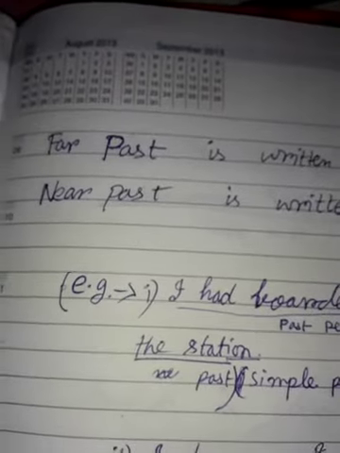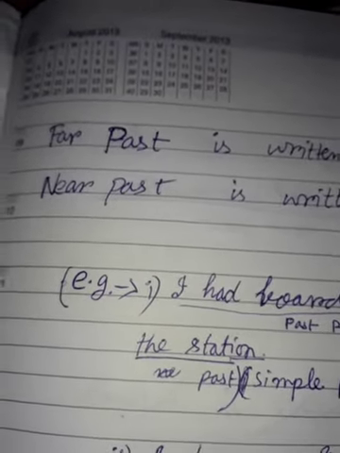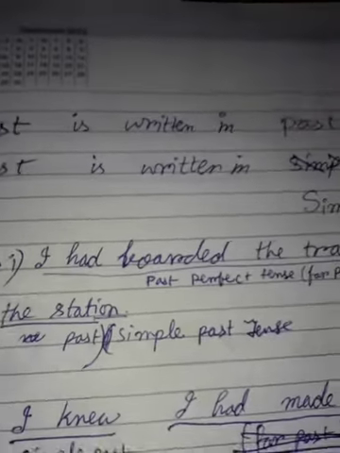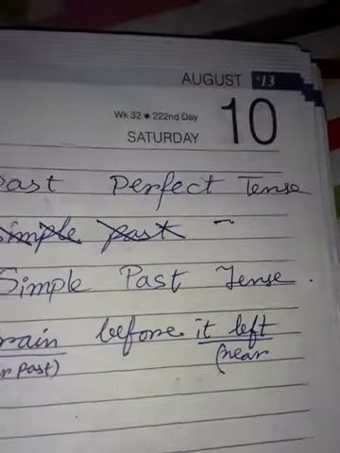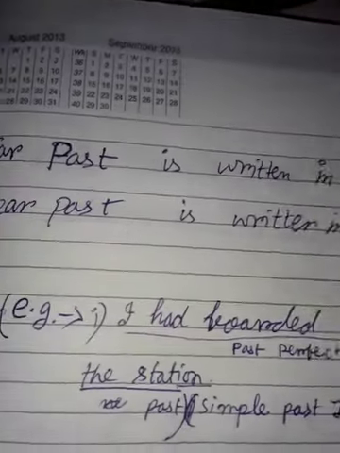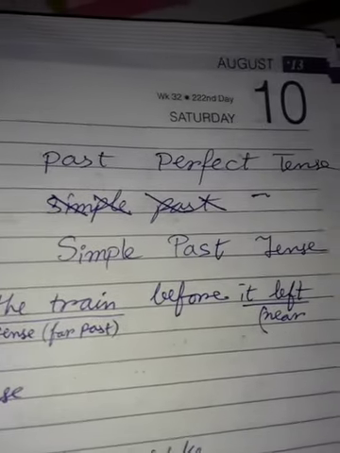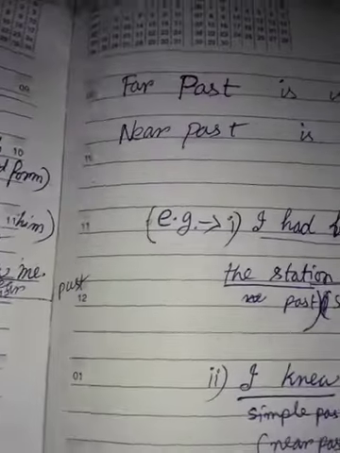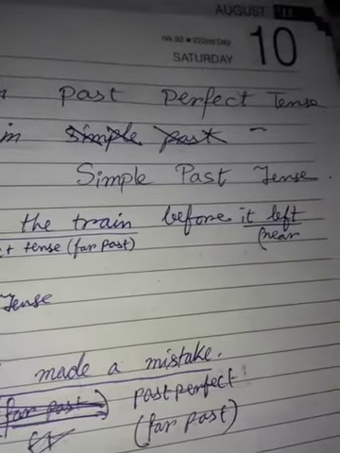And now the thing I was telling you earlier: far past is written in past perfect tense. Near past is written in simple past tense.